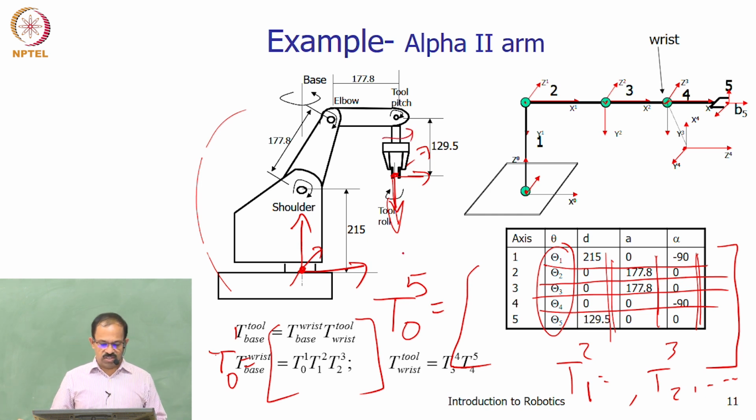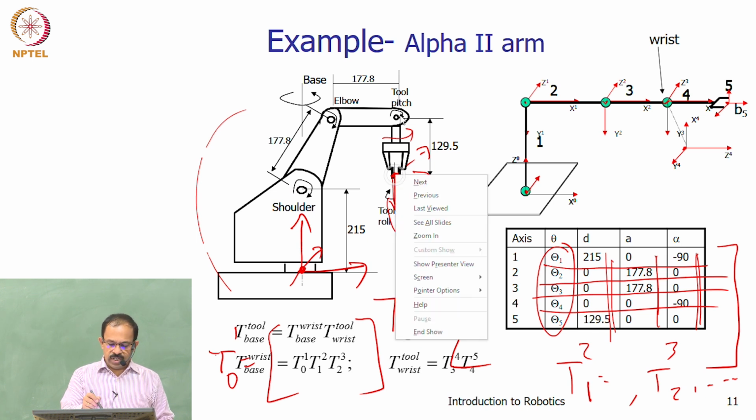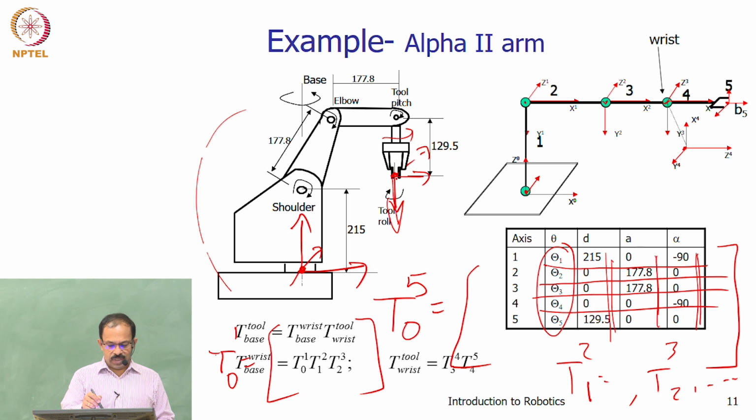And similarly, you can see the position is a function of theta 1, theta 2, theta 3 and theta 4. Theta phi is not going to affect the position, because theta phi is again a roll. So the position will not change simply by having that roll motion. That is why the position is independent of theta phi, and the orientation of course gets affected.